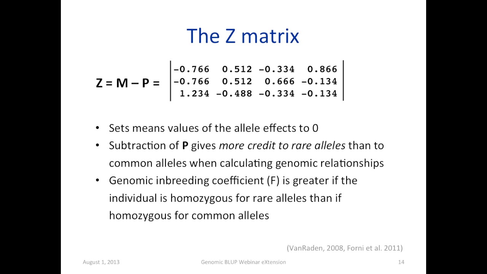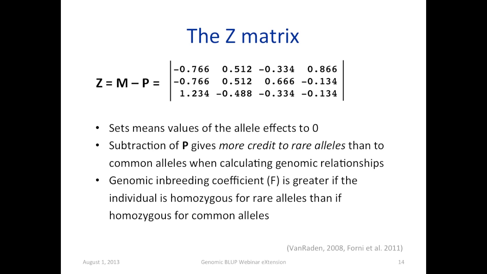So once we obtain the P matrix, we can subtract it from the M matrix and obtain the Z matrix. The Z matrix is one of the major matrices we use to calculate genomic relationship. What we are doing here is setting the mean values of the allele effects to 0.